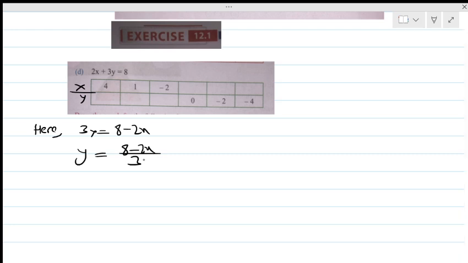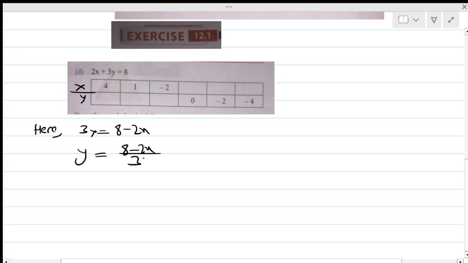So with that, we have to find the value of y by giving a value of x. If you want to get the answer as an integer, you may think what value of x we have to give so that it will be divisible by 3 perfectly to get the integer value.